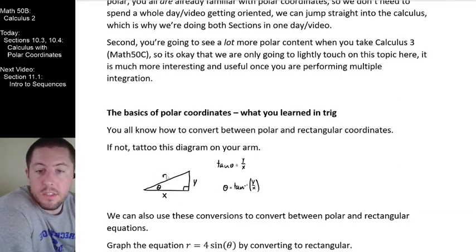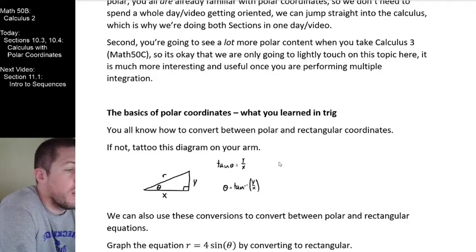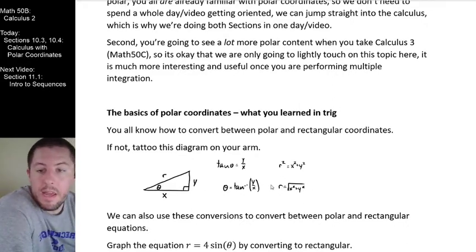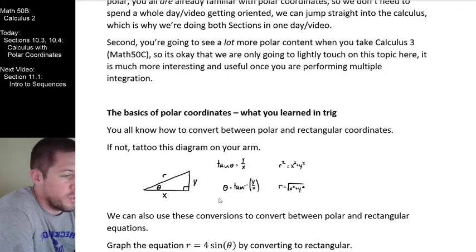Similarly, if I knew x and y and wanted to solve for r, we can clearly see a Pythagorean theorem relationship, and so r is the square root of x squared plus y squared. So these are the two formulas where, if you know x and y, you can solve for r and theta. That's one set of relationships.